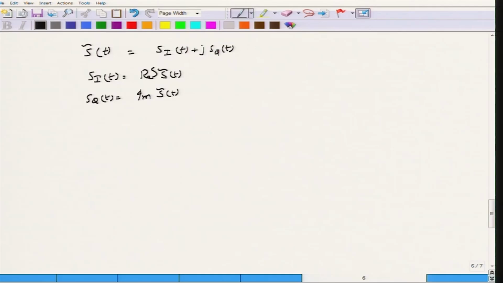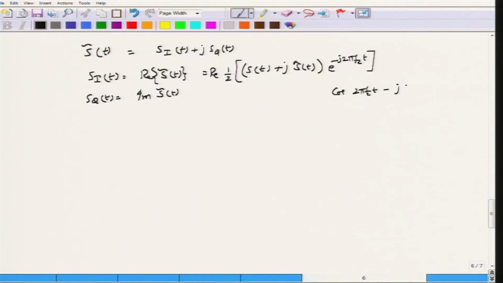To obtain this, substitute what is S tilde of t, the complex envelope. The complex envelope is half times S of t plus j S hat of t times e to the power minus j 2 pi f c t. I am looking for the real part of this, which means that I have to expand this e to the power minus j 2 pi f c t as cos 2 pi f c t minus j sin 2 pi f c t, multiplying S of t plus j S hat of t.